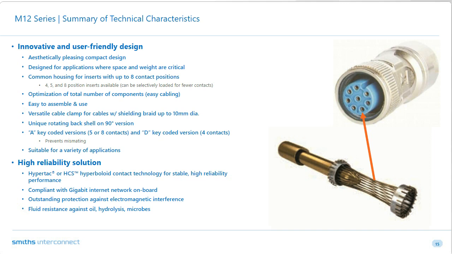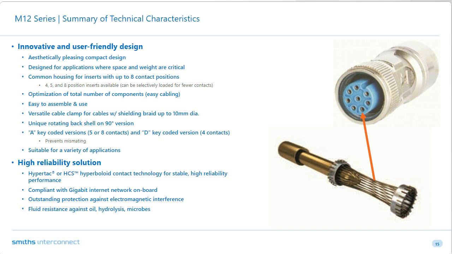It's optimized for total number of components because we want to make sure that when you put this against a test of time, we win the race in terms of how easy and quick it is to assemble this product. The versatile cable clamp is for cable with shielding braid up to 10 millimeter diameter.